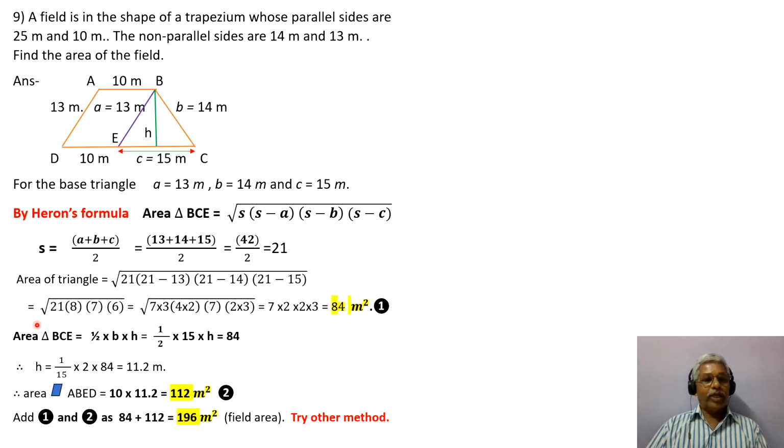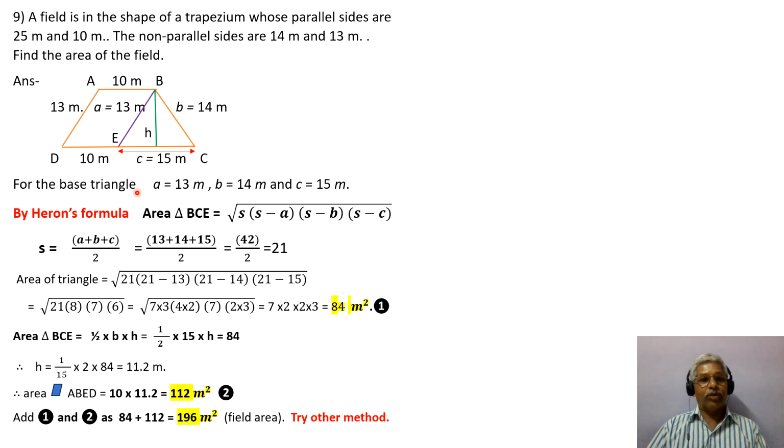That comes out to be root of 21 into 8 into 7 into 6. I'm splitting this as 7 into 3, 8 as 4 into 2, and 6 as 2 into 3. If you take all this out of the root sign, you get 7 into 2 into 2 into 3, that is 84 meters square.